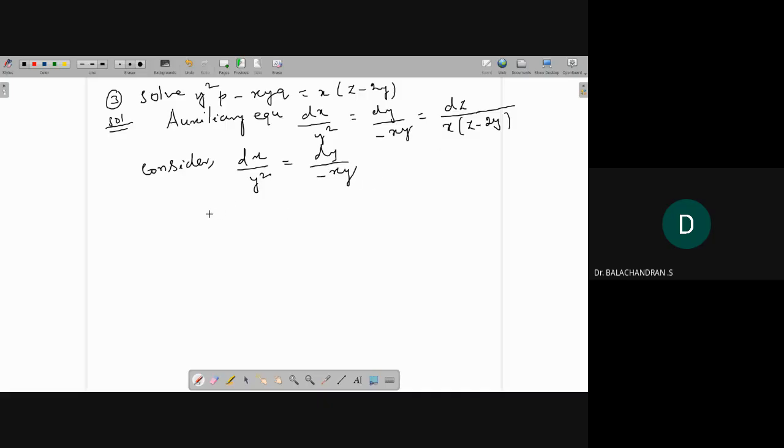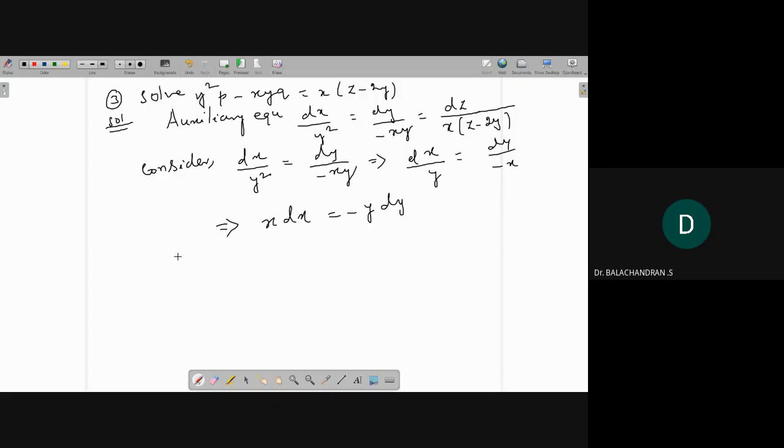Now you can cancel y and y. From this you have dx by y equal to dy by minus x, or x one side, another side is y. So this implies x dx equal to minus y dy.